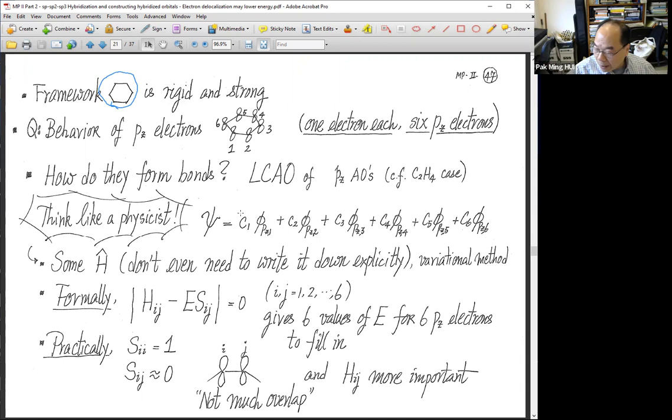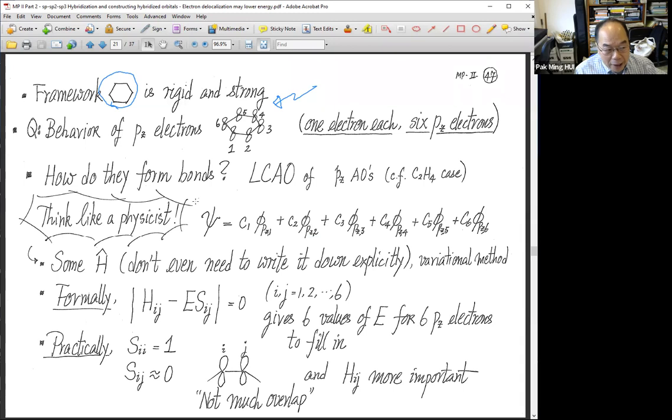We only think about this problem, the 6 pz orbitals, what bonding will they form? All right. So we will do LCAO using 6 pz orbitals, 1 from each carbon.